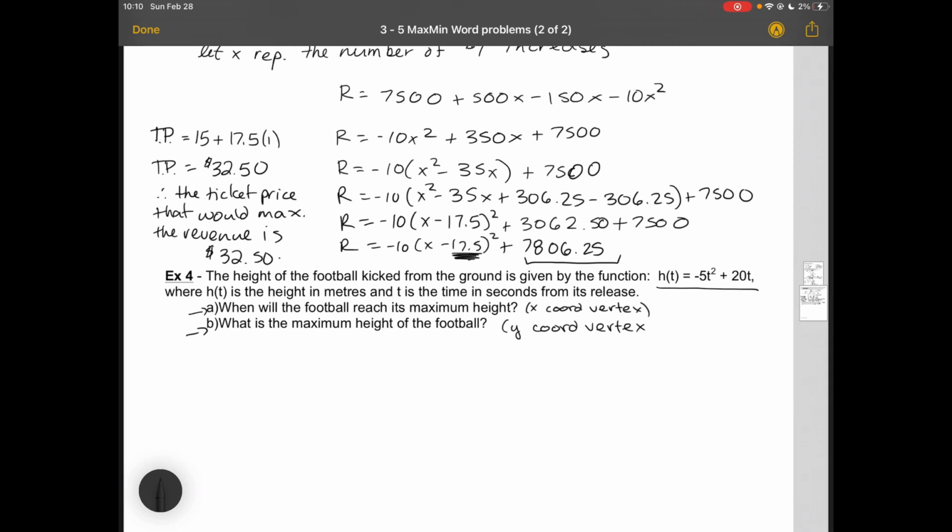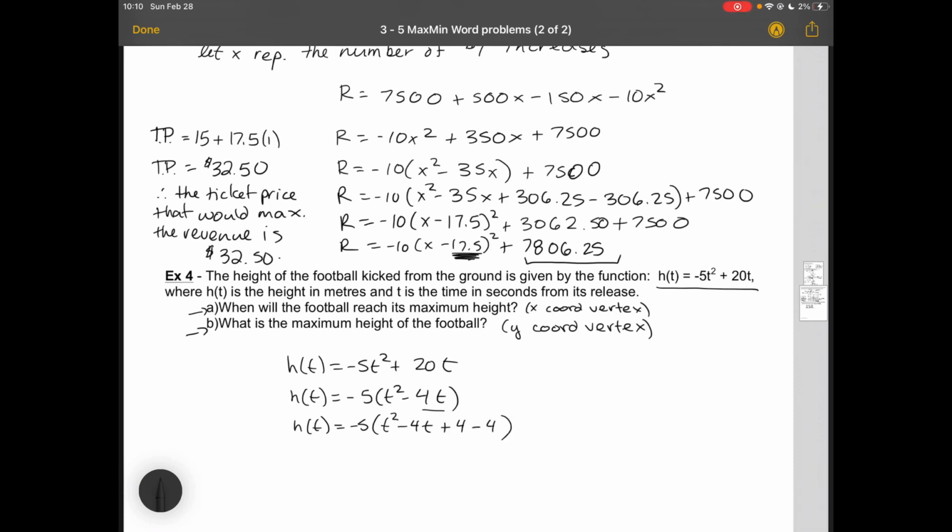So just like our previous examples, we're going to take our function and we're going to complete the square. So starting the same way by factoring out -5 from both terms. And then we're going to take the middle term or the t term and we're going to divide it by 2 and square it.